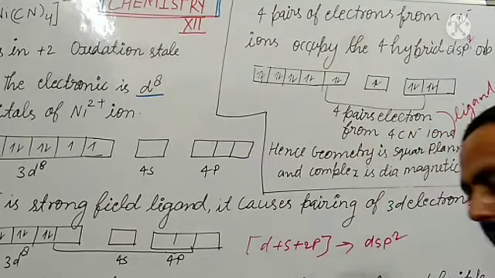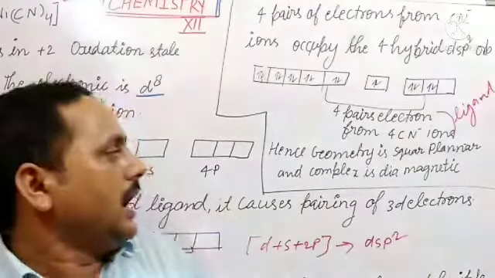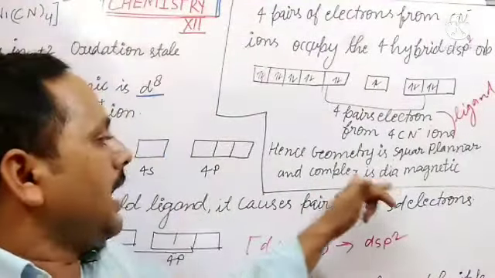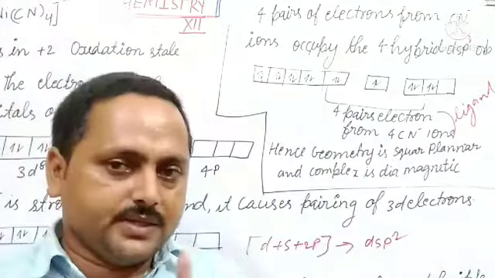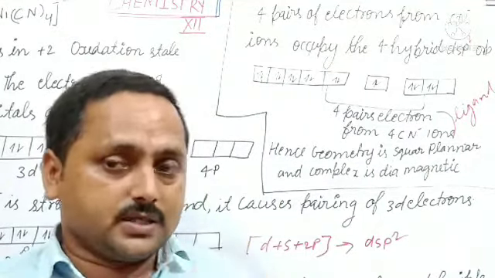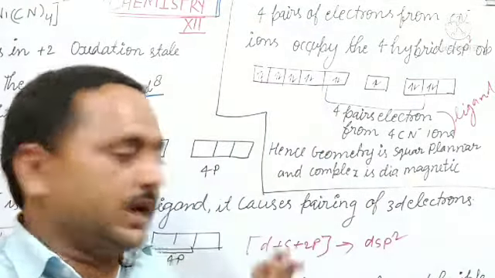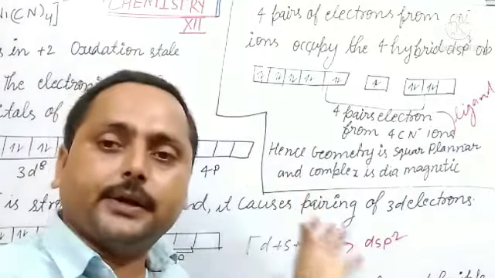And the complex is diamagnetic, because there is no unpaired electron in the orbitals.